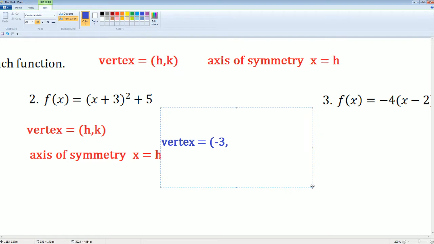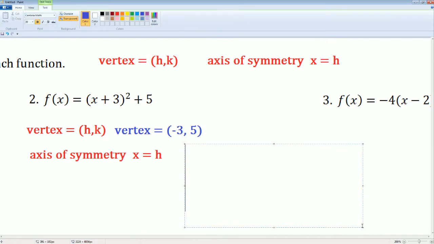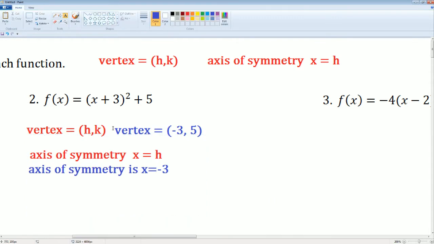And my k is 5. There you go. And my axis of symmetry is x is equal to negative 3. Okay, good. When we write the h, it's the opposite of it, and k is written the same.